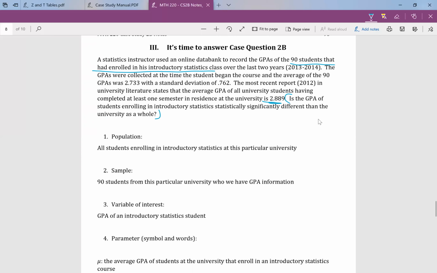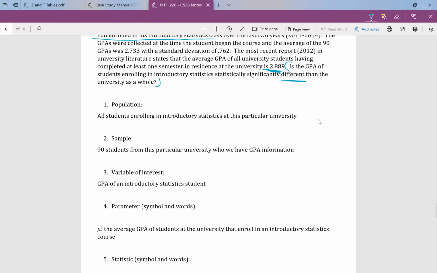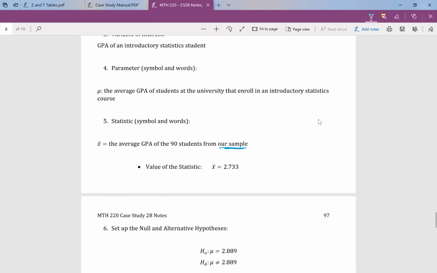So we want to test whether students that enroll in stats courses have a GPA that's different from the university as a whole. So HA: mu does not equal 2.889, versus H0: mu equals 2.889. All of these steps 1 through 6 should be a review. We've been going over those since about the 2nd or 3rd week of school.